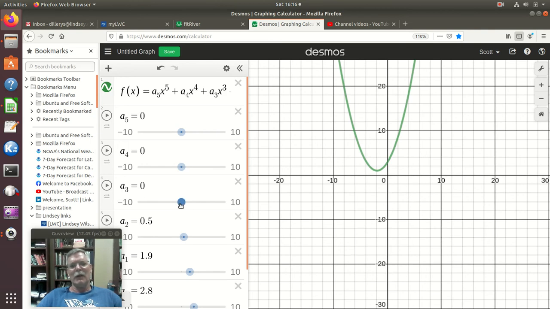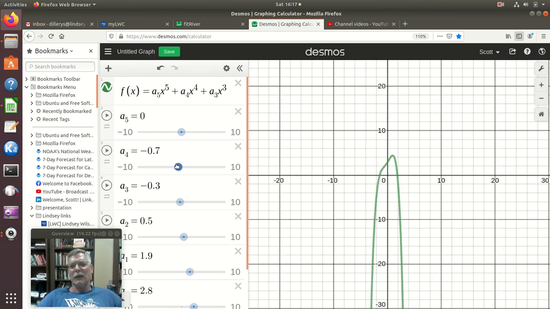But as soon as a3 is not 0, it either doesn't have the trough, or I can, if I make it negative, you see I can get a trough and a peak. Okay, so I get sort of these 2 humps that way.